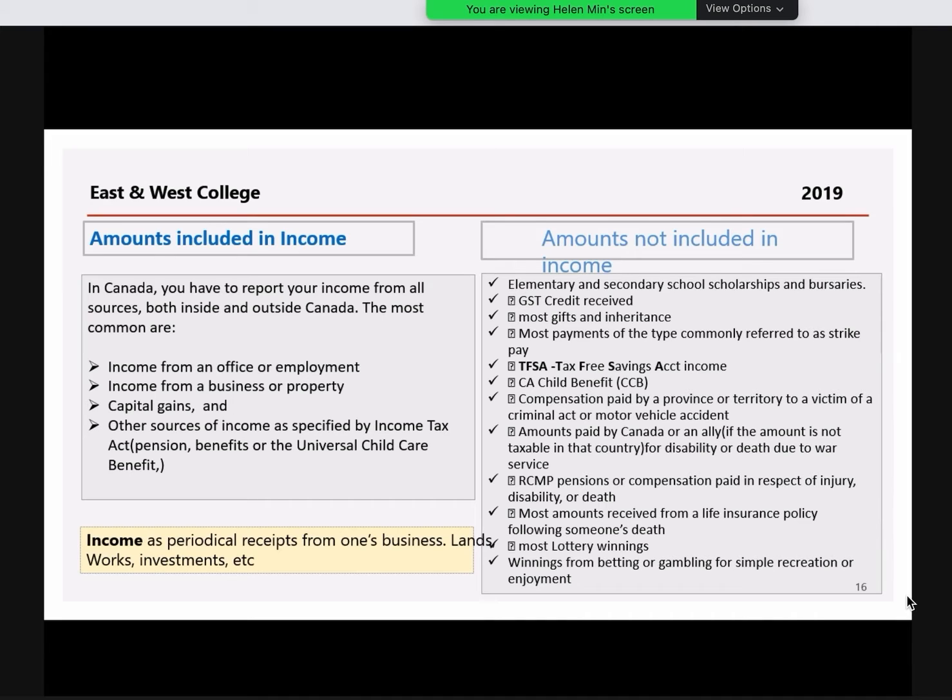For investment income, I'm going to talk about that. I think I will probably change it in your class compared to last week. Usually I discuss it in week 3, but in week 4 I'm talking about the student return.